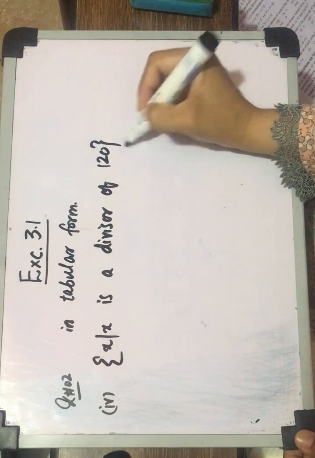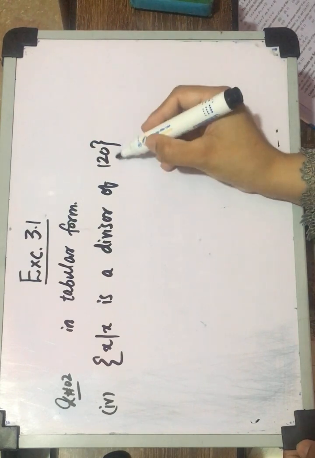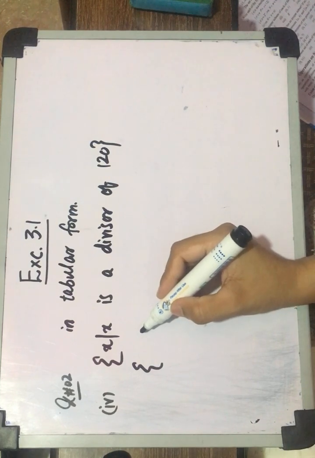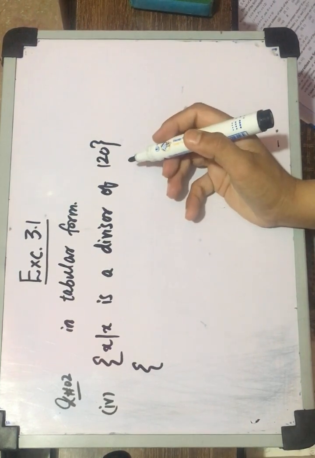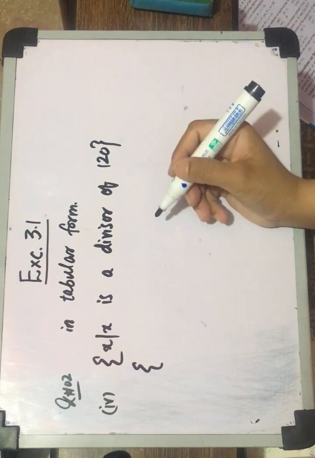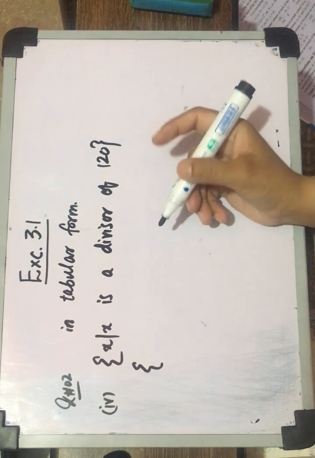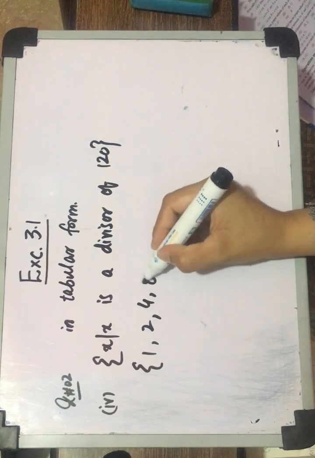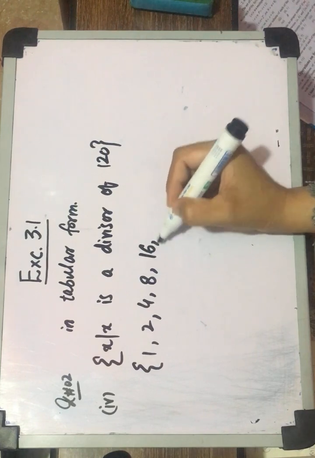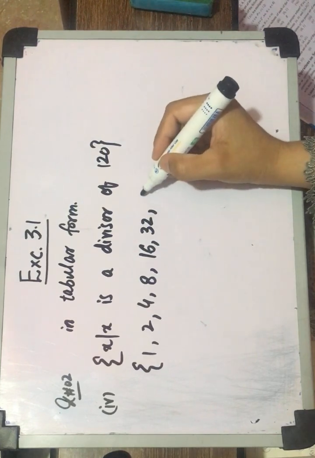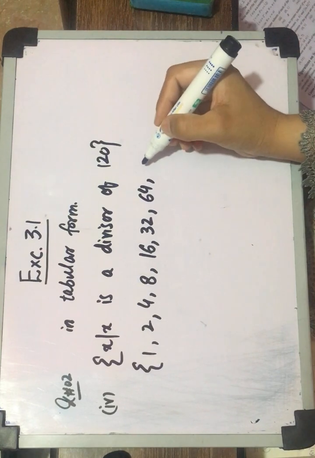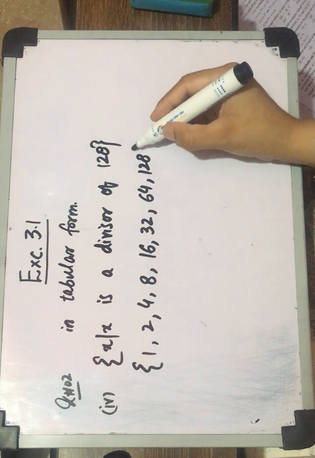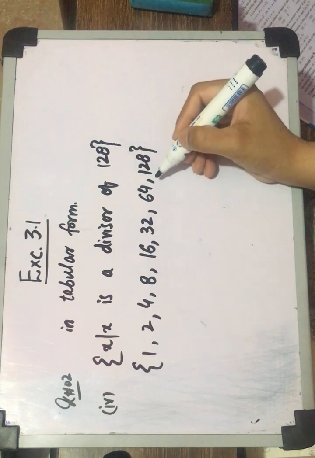We have to list all the elements which are divisors of 120. The first divisor of 120 is 1 itself, and then 2, 4, 8, 16, 32, 64, and 128 itself. So these all are the divisors of 128.